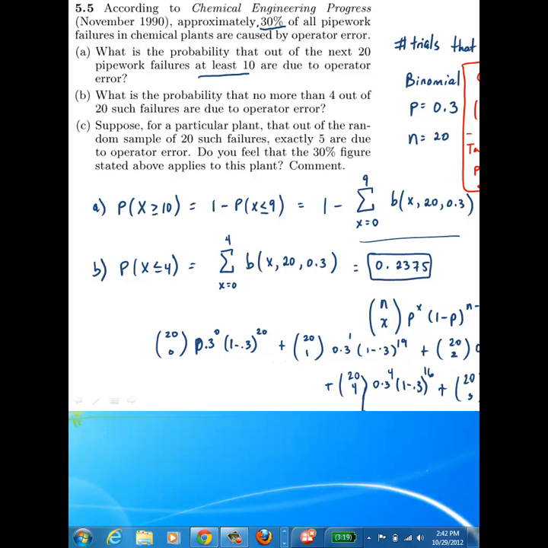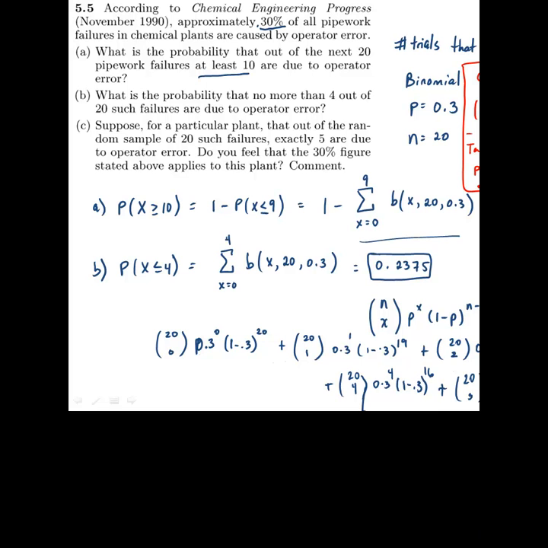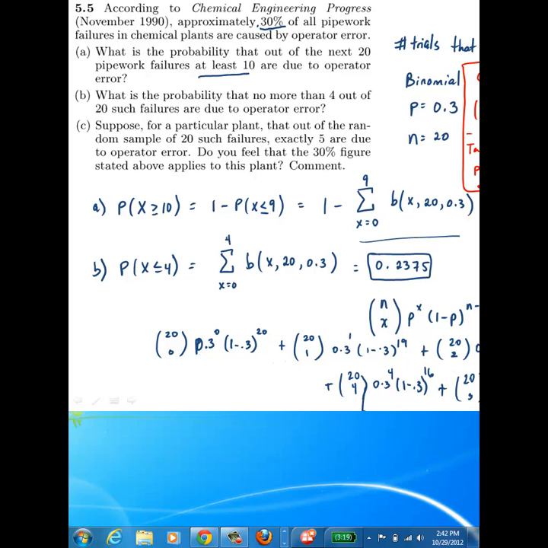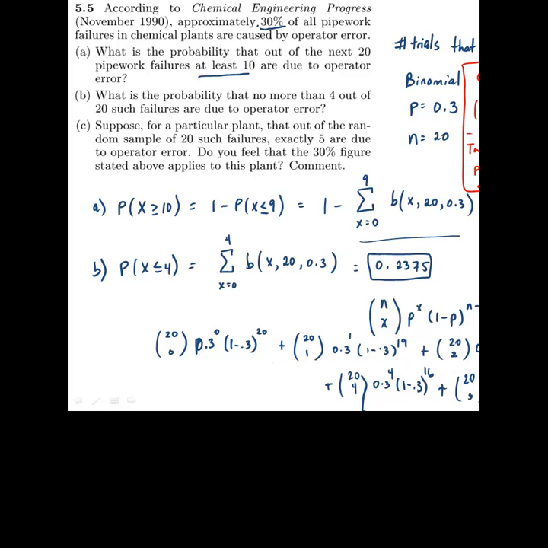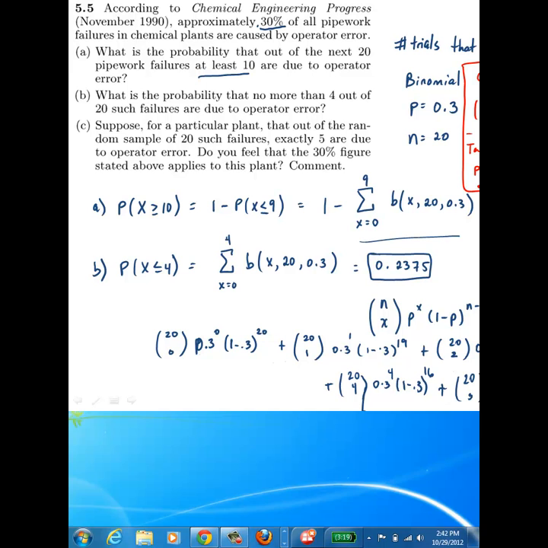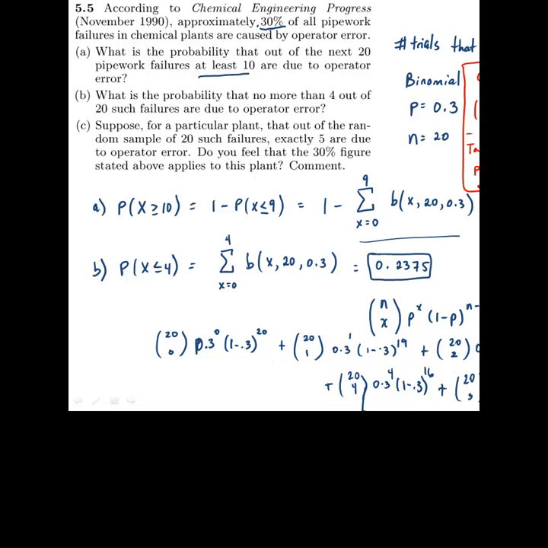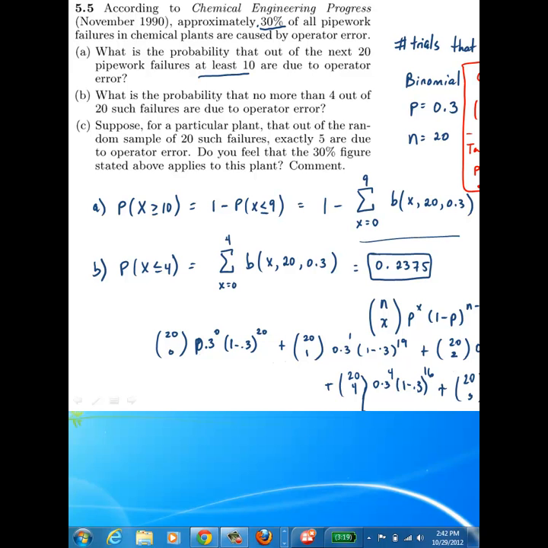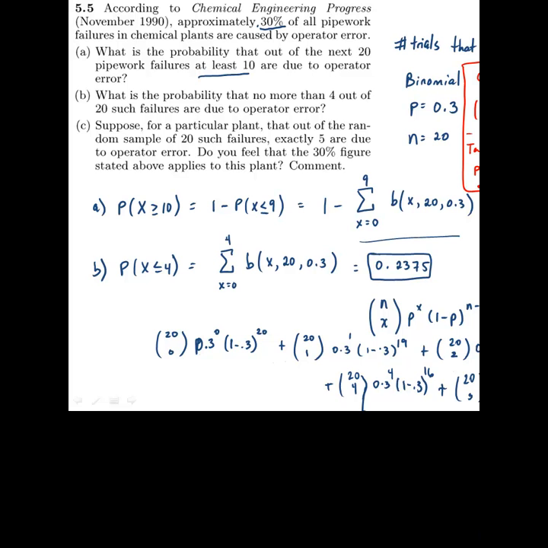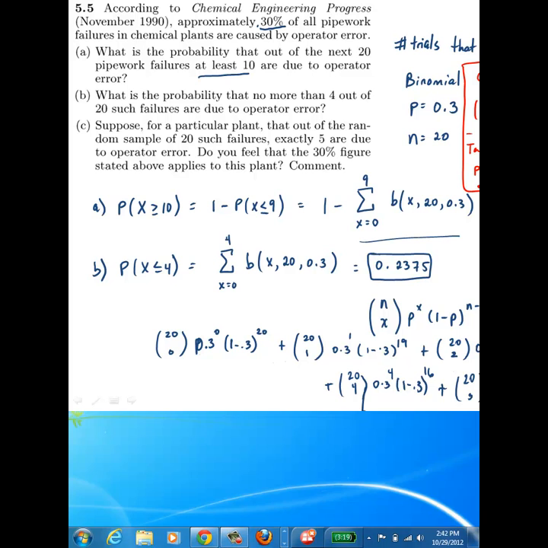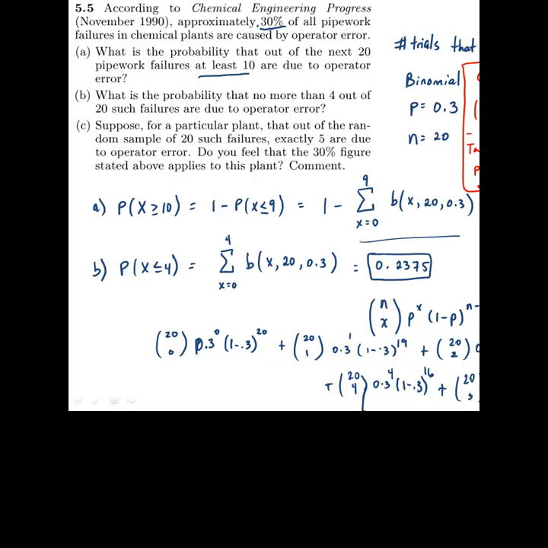Oh yes, I forgot about the next question. So we have 0.1789, and the problem is telling you that 30% is the probability they are using. So do you feel that the 30% figure stated above applies to this plant when you find that probability is 0.18? Well, in this case, I think you can make a case.